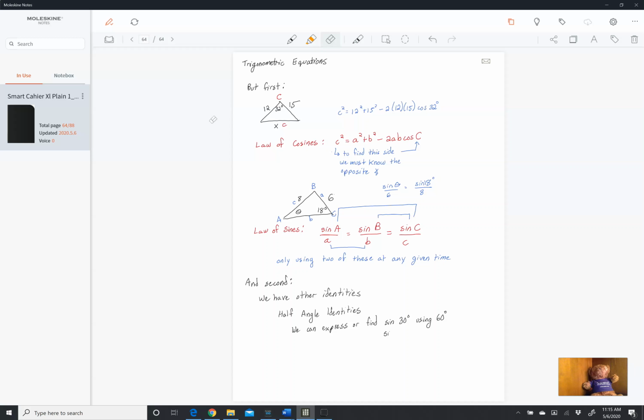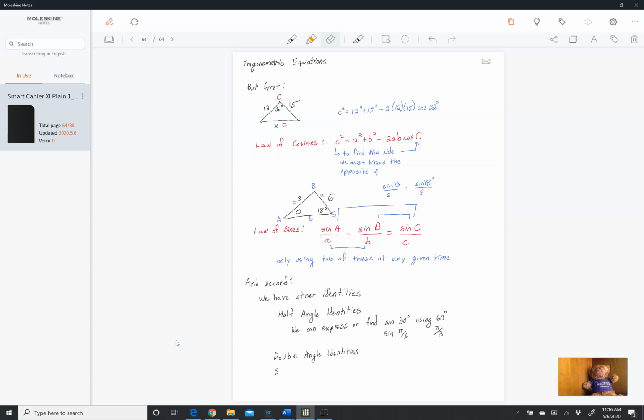Or if we use radians, the sine of pi over 6 using what we know about pi over 3. We have double angle identities. We have sum and difference identities where we can find the sine or cosine of an angle using two angles that we already know. So for example, if we want to find 60 degrees, we might use 30 plus 30.